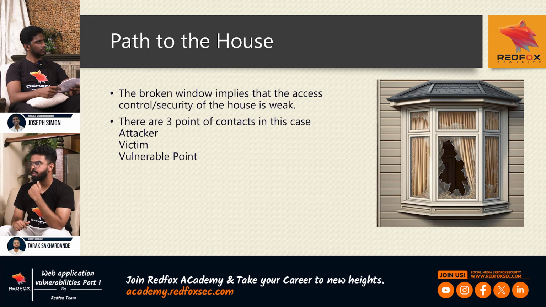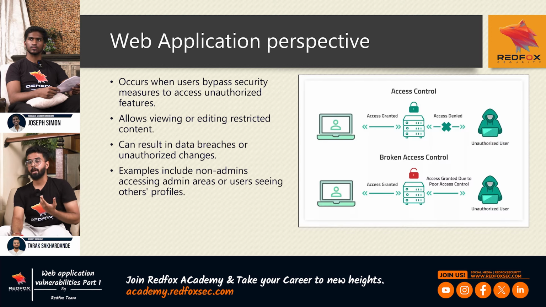For example, accessing administrator functionalities like creating users, managing users, deleting users, and creating comments as an administrator. That is what I have personally come across, and I'm pretty sure a lot of pen testers have as well.